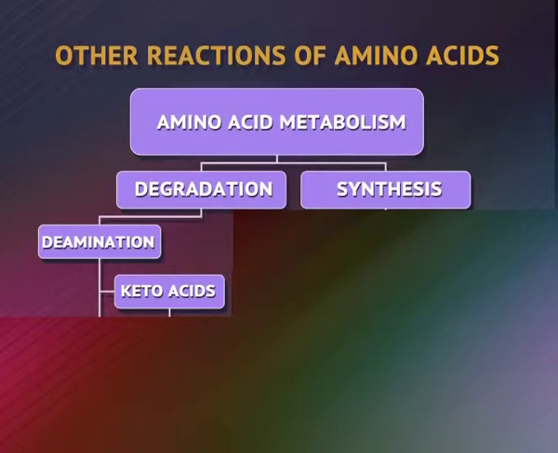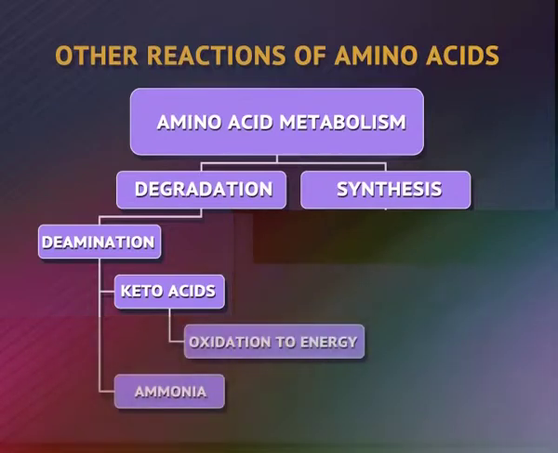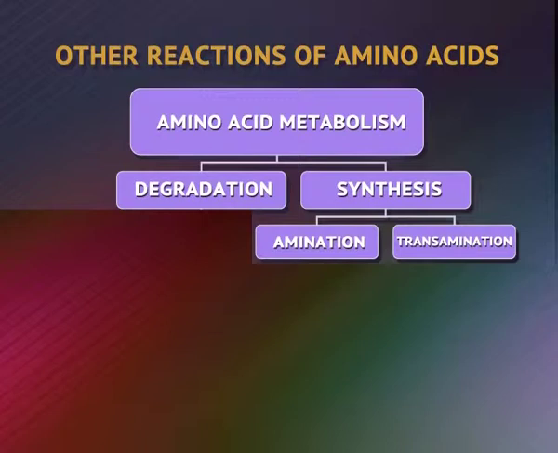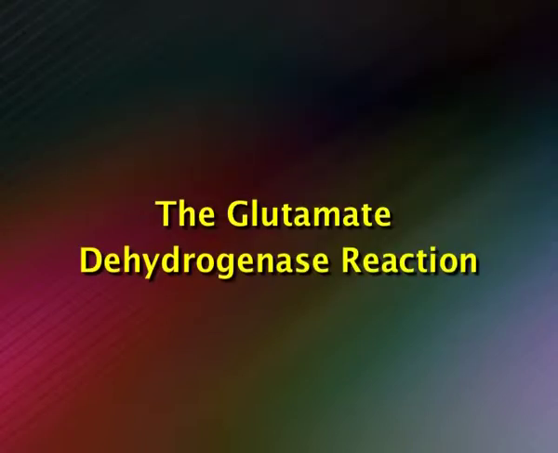The keto acids enter what is called the citric acid cycle to be oxidized to energy. During synthesis, the opposite of deamination occurs, which is called amination of keto acids, where an amino group is added to the keto acids. And also transamination, where there is an exchange of amino group between keto acids and amino acids. This is the principal reaction called the glutamate dehydrogenase reaction.